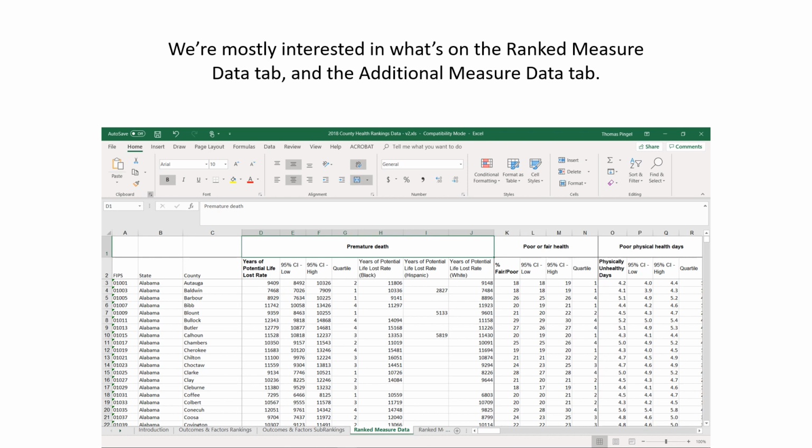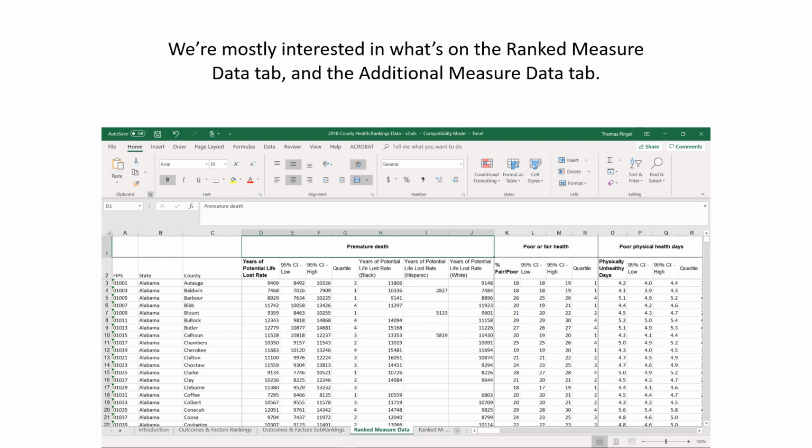So for premature death, the key variable indicator here is years of potential life lost rate. If you're interested in what that means exactly, you can look that up in the documentation. We also, for this one and for many of these variables, provide a 95% confidence interval, meaning we're trying to quantify the bounds of how sure we are about that estimate.